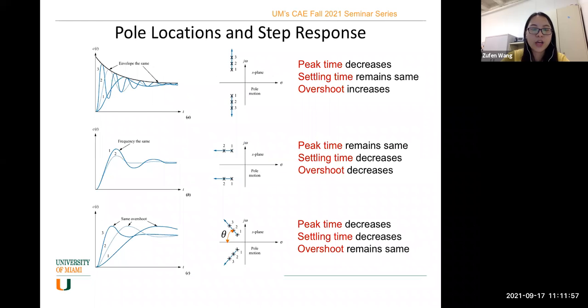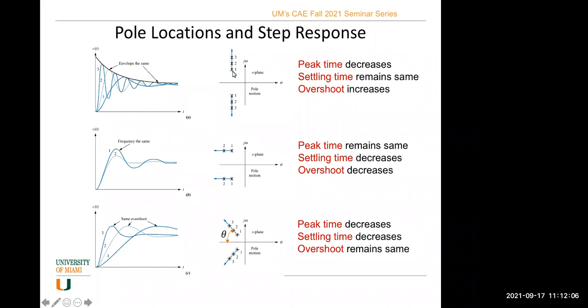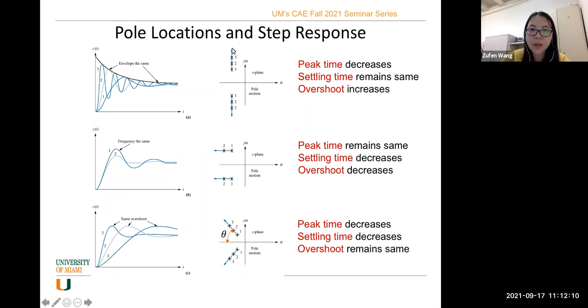Here are the pole locations and the corresponding step responses. If the poles have the same real parts with the imaginary part moving upward, then the peak time will decrease.